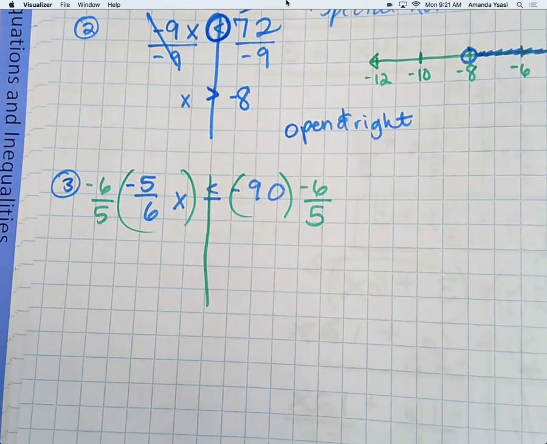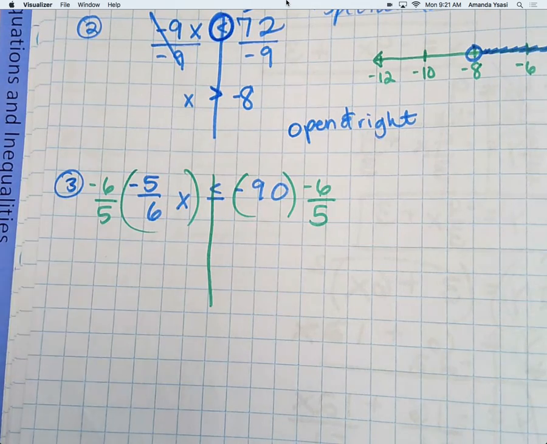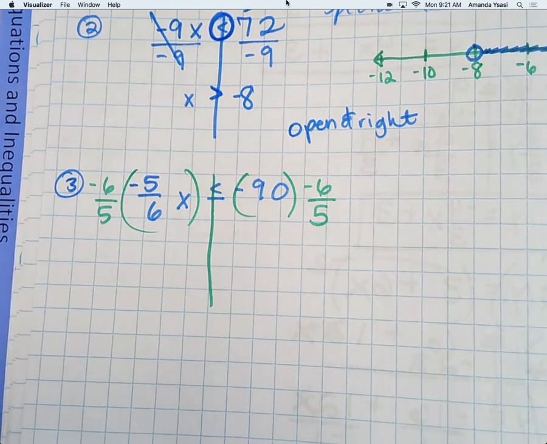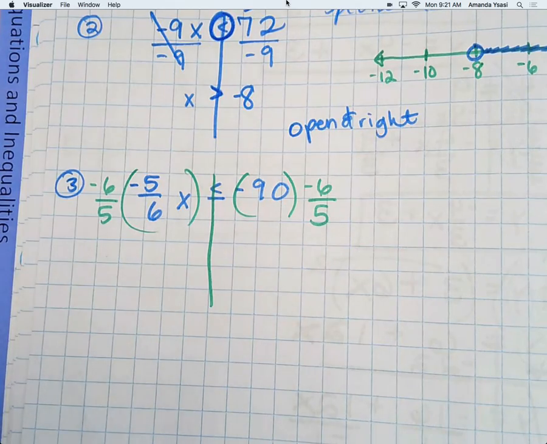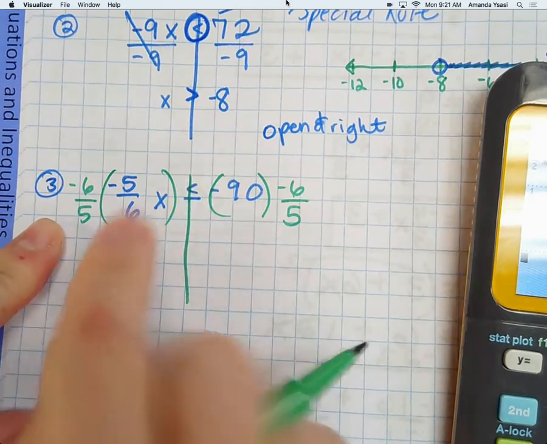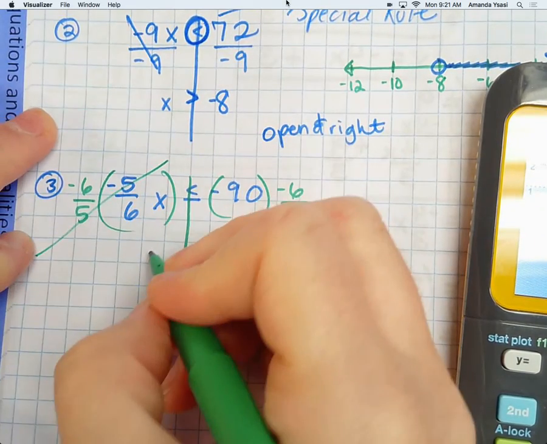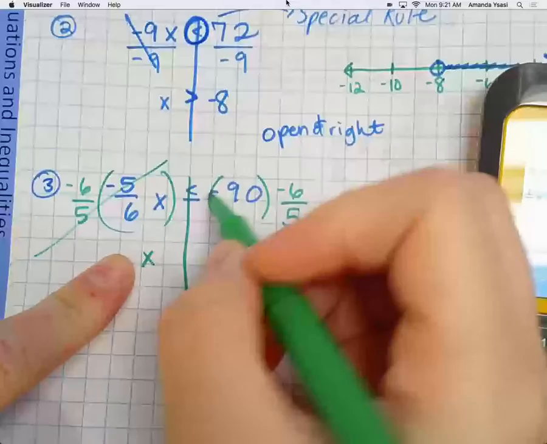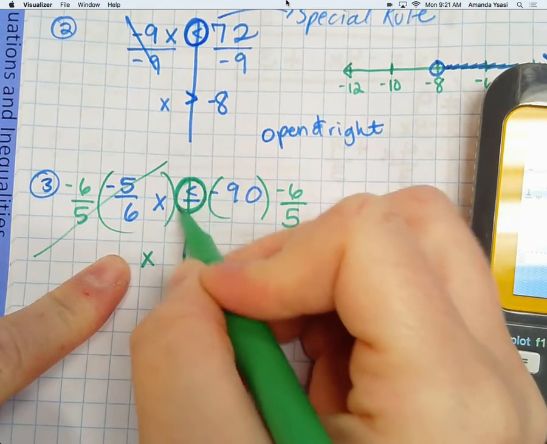This makes it where it's one step rather than multiplying by the denominator and then dividing by the number out front. We're doing it in one step. So this is equal to 1. So it's just x. But we have to apply that special rule.